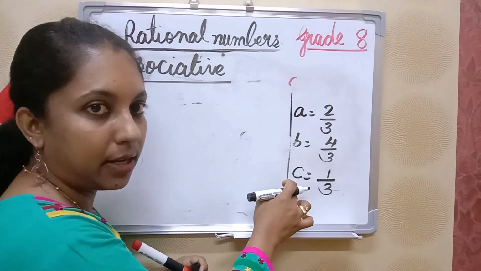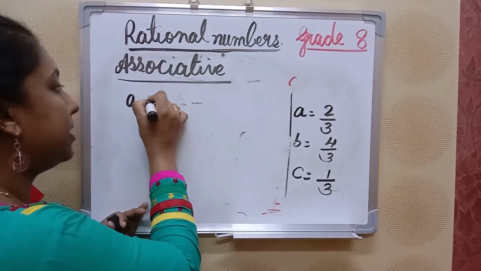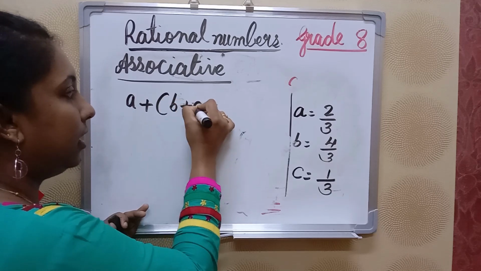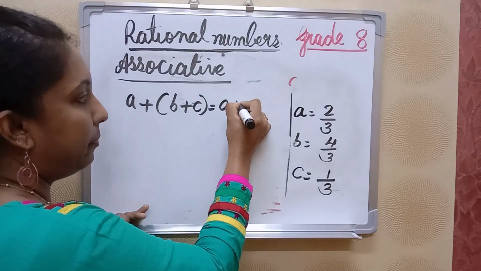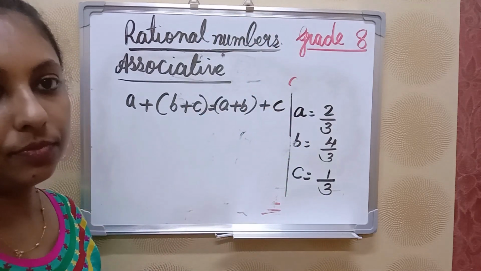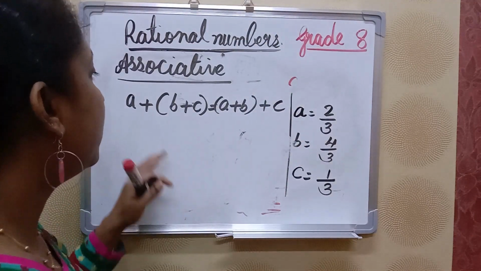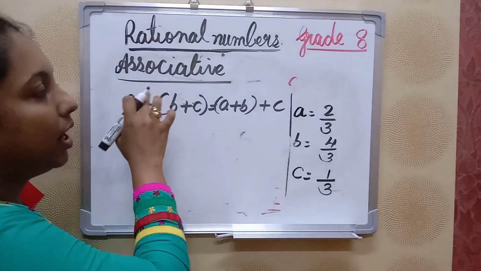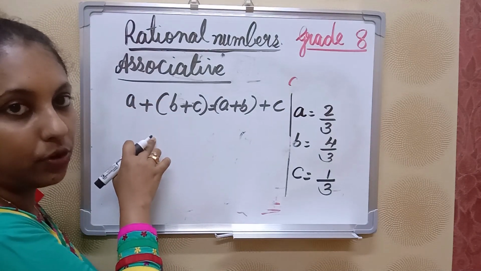For 3 rational numbers, A plus B plus C is equal to A plus B plus C. We have to check whether addition is associative or not.